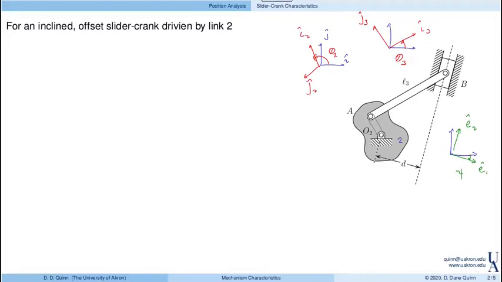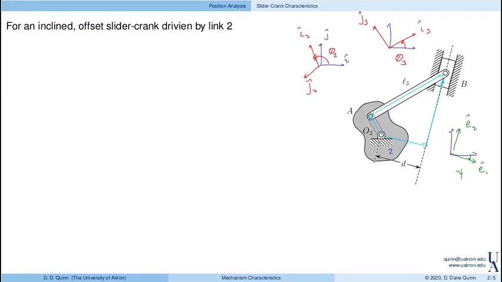Now, let's represent our loop closure equation. We would have a vector from O2 to A plus the vector from A to, say, B, and that equals the vector from O2 to B. Because of this sliding constraint and the fact that the offset is constant, the position of B with respect to O2 can also be written naturally in terms of the E1 and E2 directions: a component in the E1 direction that happens to be fixed, and then a component in the E2 direction that can change its magnitude.